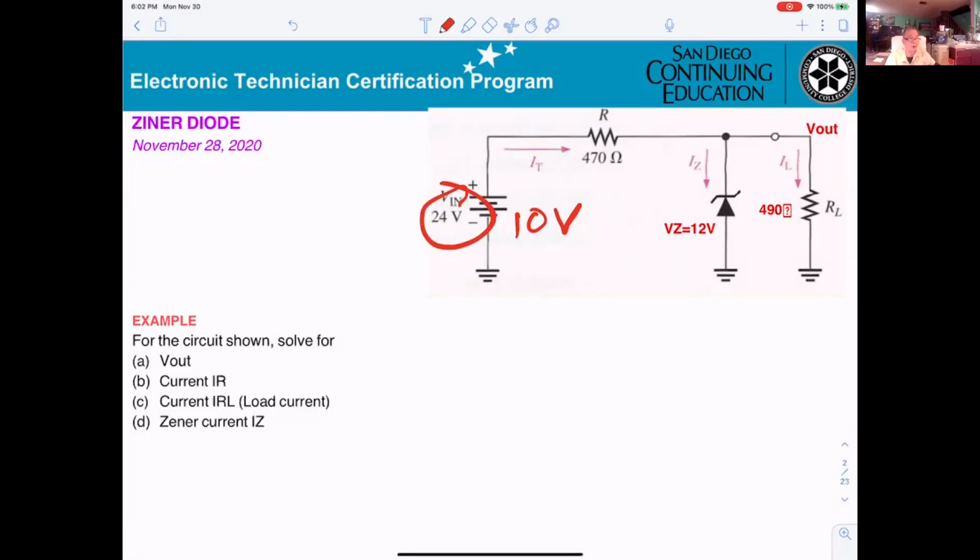You said 10 volt. Is it right? 12 volt. Okay, now, first thing you have to understand when you're working with the Zener. In this case, 10 volt input, Zener breakdown or not? No. If not breakdown, they will be open, right?